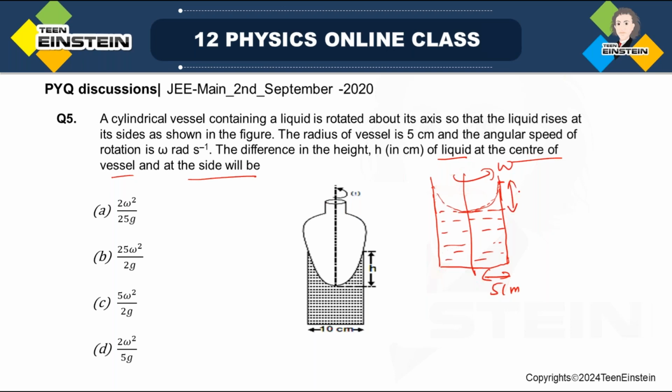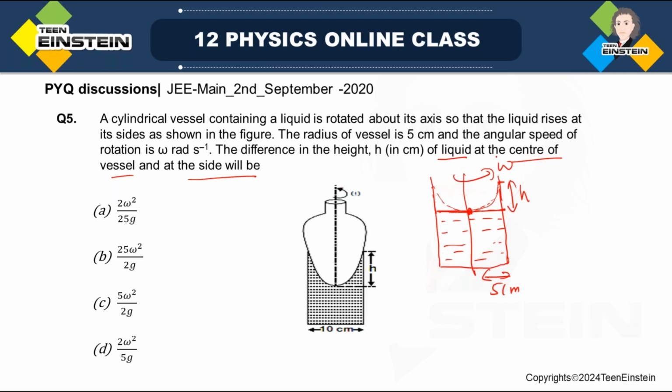Now this is height h, and at this position, if I take this as a reference, the height is 0, say. So you have to find the increase in height with respect to this reference. This is actually the question.